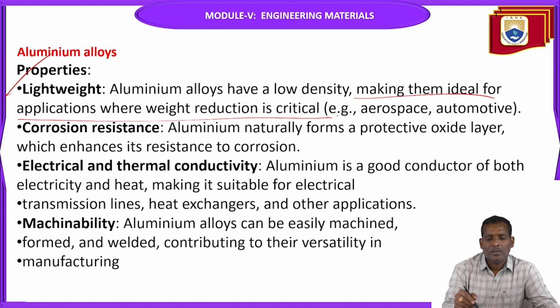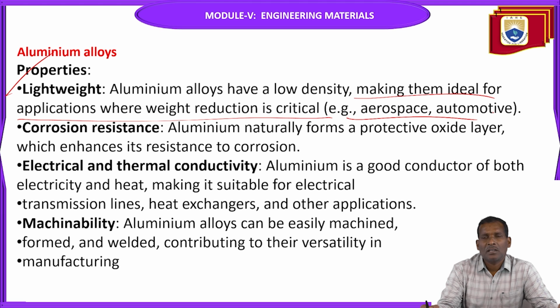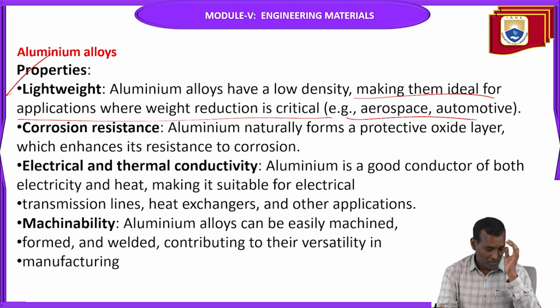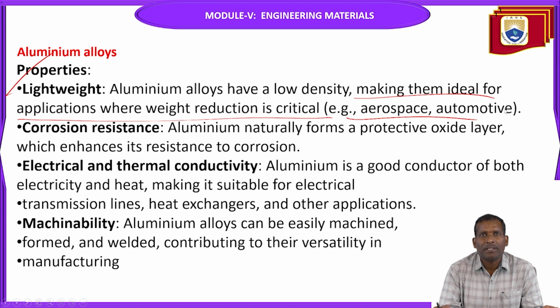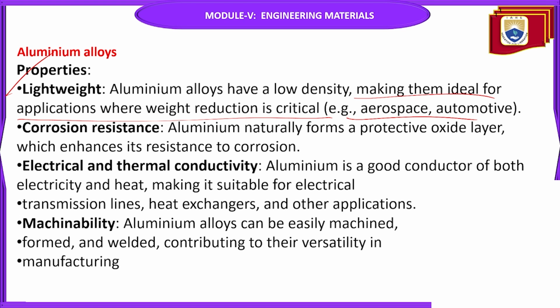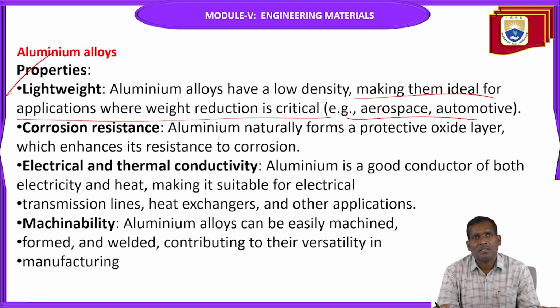For example, in aerospace and automotive components like landing gear, engine components, and exhaust systems, weight reduction is important, so this lightweight material, aluminum alloy, is used, and these materials also have low density.